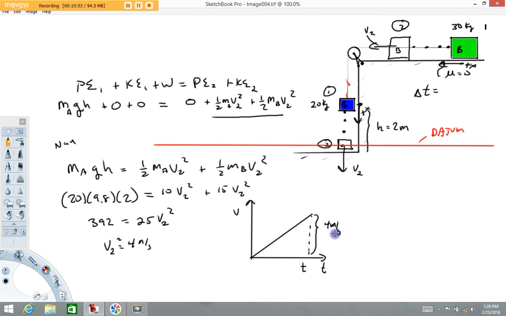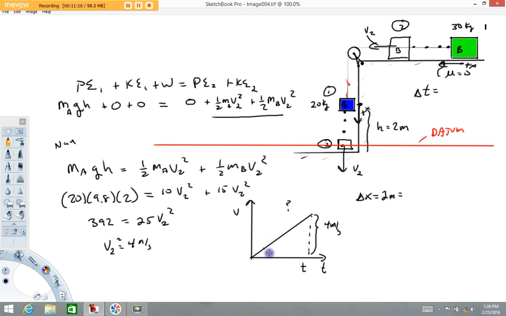Another thing I know is that this mass is going to accelerate down and cover a distance of 2 meters. In the context of my motion study, I'm going to call that a delta x, a change in x, because I called this plus x pointing down. And that change in x is 2 meters. The million-dollar question is, how does that relate to the graph?